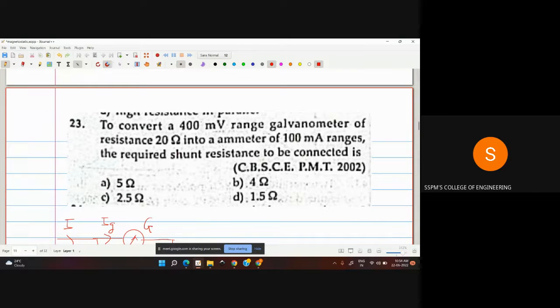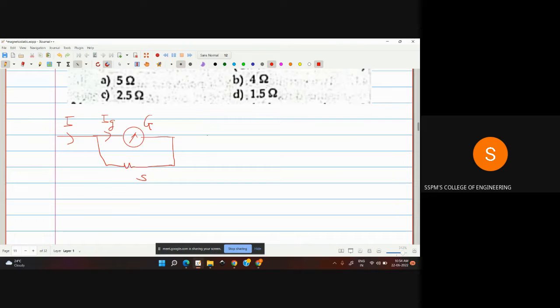The voltage across galvanometer is 400 millivolt आणि त्याचा रेजिस्टन्स 20 ओम दिलेला आहे.